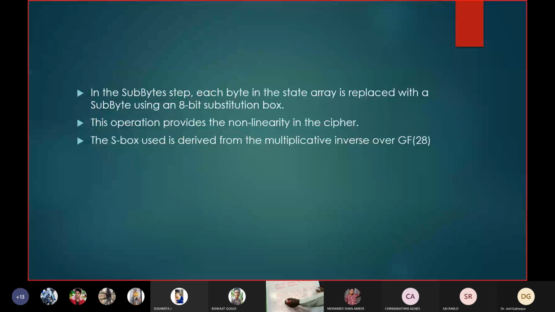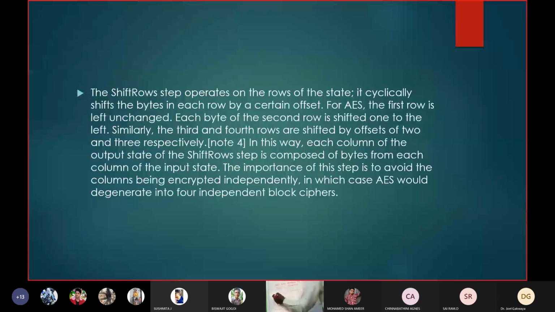You have to explain how these things work. You have to mention that the first row remains unchanged. The second row is shifted from right to left by 1 step.